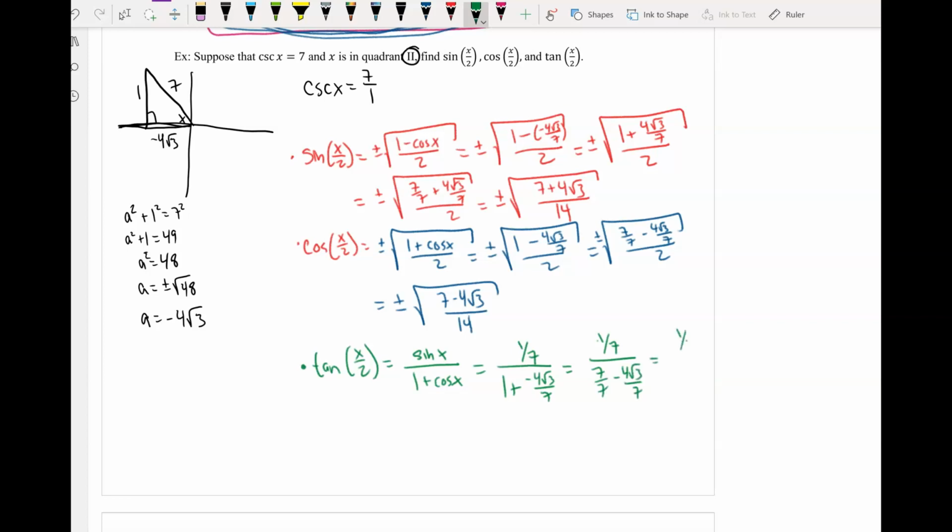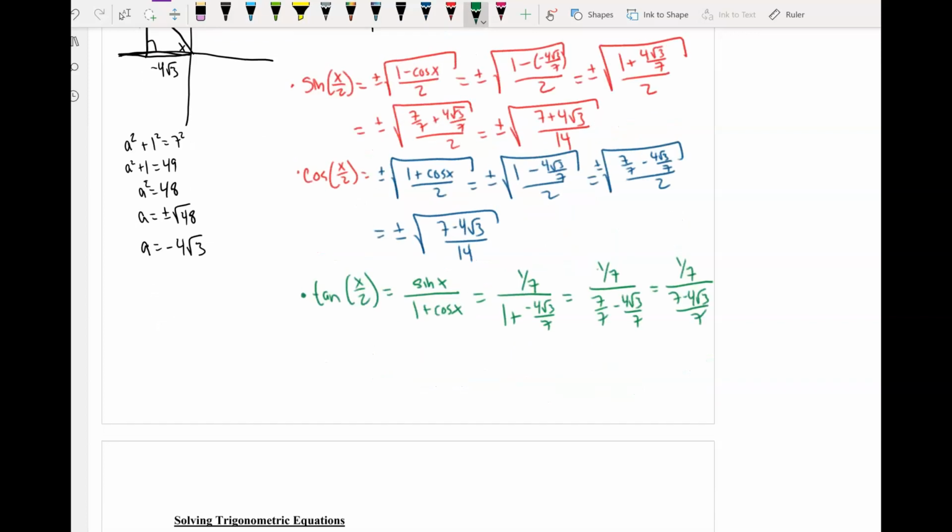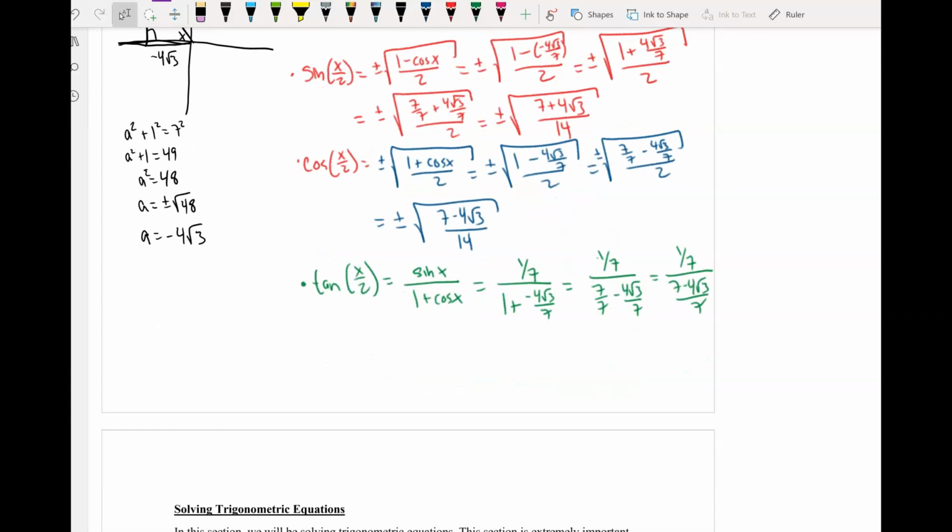So you're going to have 1/7 divided by 7 minus 4 square root of 3 over 7. It seems like the 7s will cancel out. So the 7s cancel out, and I'm left with 1 over 7 minus 4 square root of 3. Okay, so this is what this guy is.